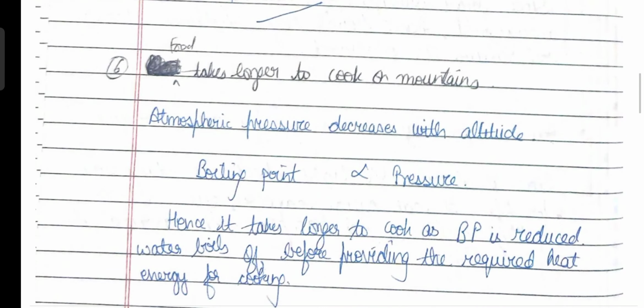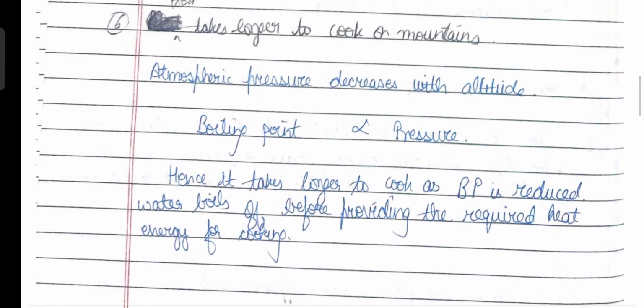Next question is, food takes longer to cook on the mountains. What is the reason behind that? Atmospheric pressure decreases with altitude. Altitude means the higher you go towards the hilly areas, the altitude increases, and since the altitude increases, the atmospheric pressure decreases. Now the boiling point is directly proportional to the pressure. So when the atmospheric pressure is reducing, the boiling point is also reducing.